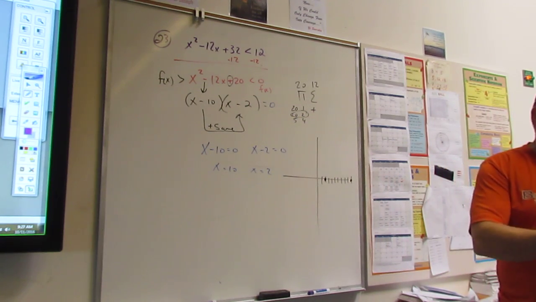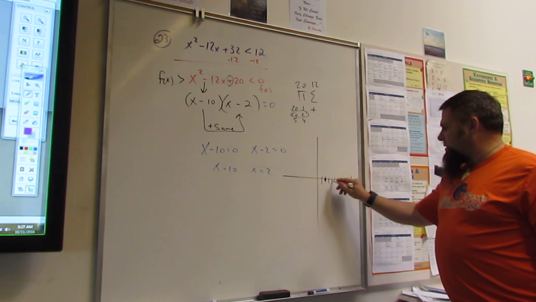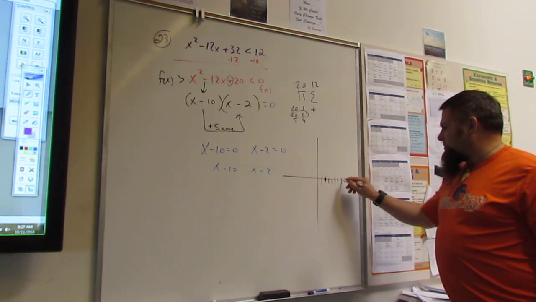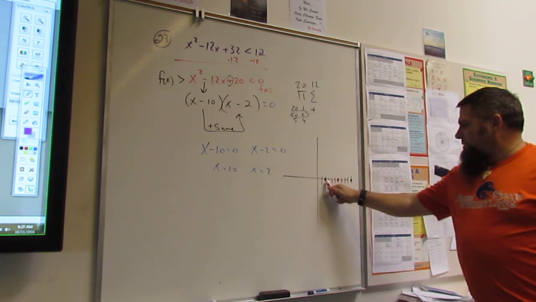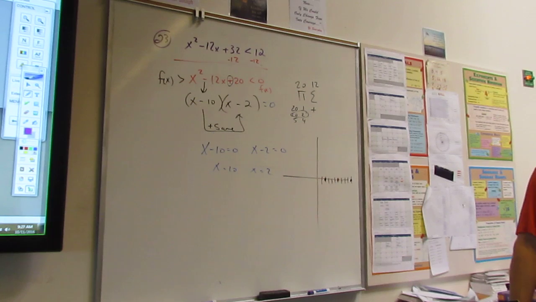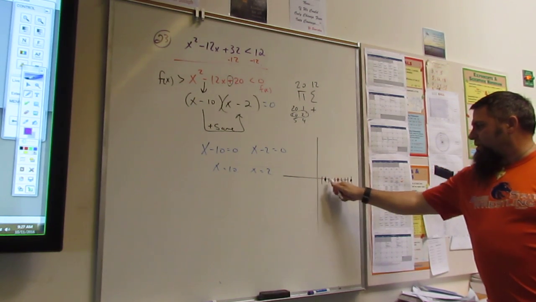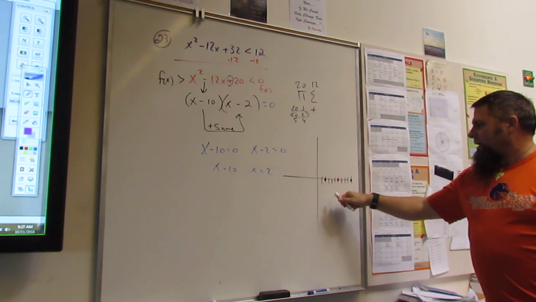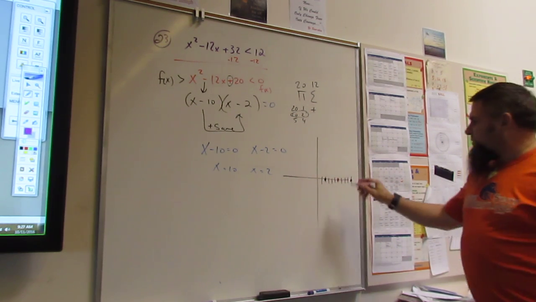What's halfway in between? 7. Here's one in, here's one in, here's one in. Bam, right there. Right? So 1, 2, 3, 4, 5, 6. Yep. Okay? But see how I did that? I just climbed my way in. 1, 1, 2, 2, 3, 3, and then the fourth one is in the middle. And so the fourth one is 6.